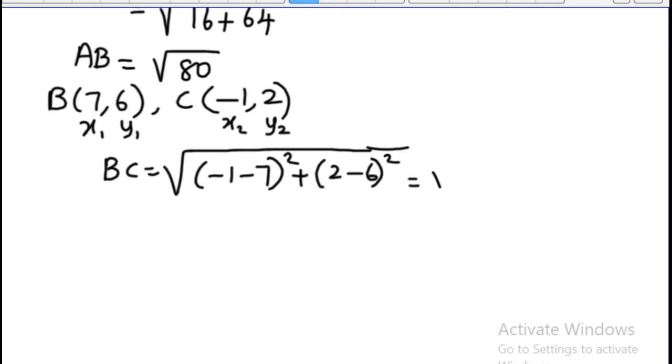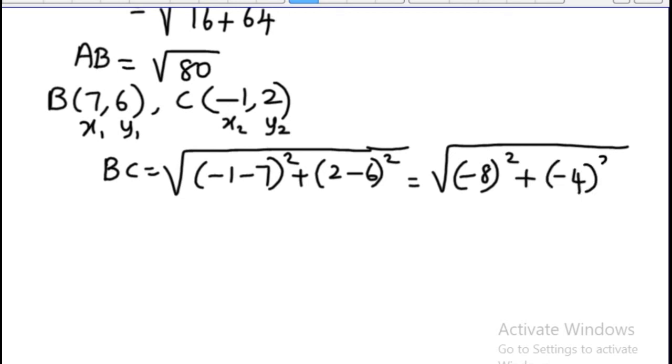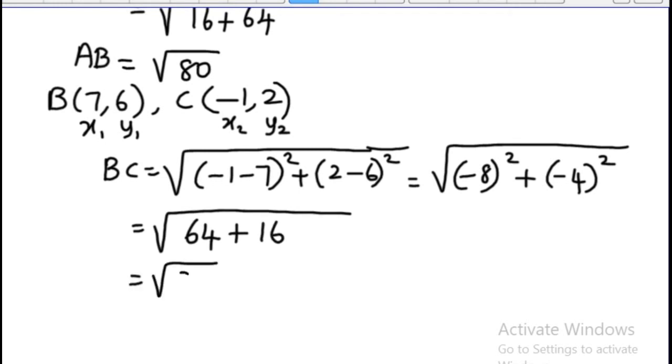Minus 1 minus 7 you will get minus 8, minus 8 whole square plus 2 minus 6, you will get minus 4 whole square. Therefore 8 square is 64 and 4 square is 16. It becomes root 80. This is BC. AB is root 80 and BC is also root 80.